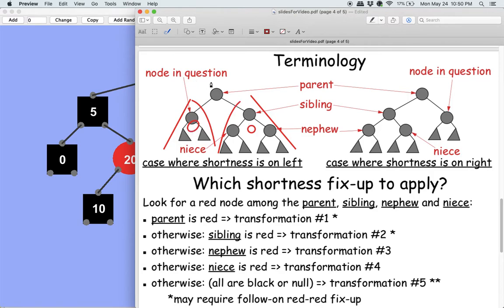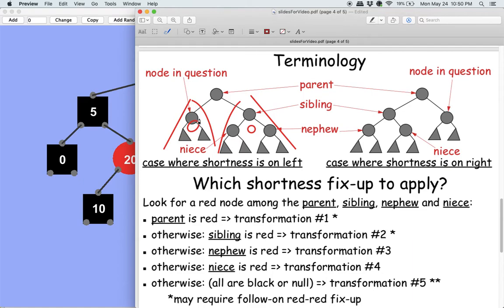And now we have our tree, and everything is good, because originally I have the root of the subtree here, and these guys originally had the same height, which is the height of this. We've made a modification that has shortened it, for example, by deleting a single black node. And now we want to do a fix-up so that we again have these guys restored so they're both the same height as they originally were.